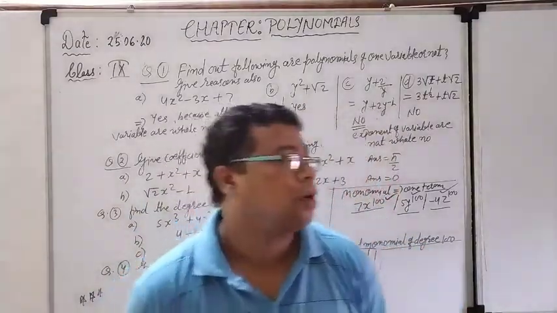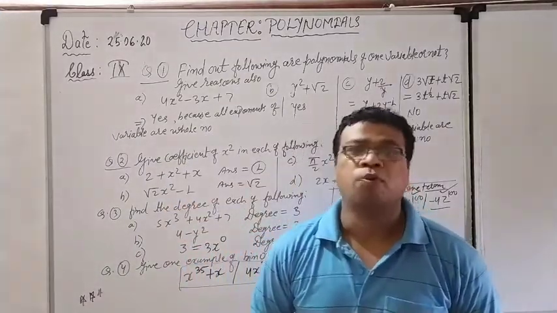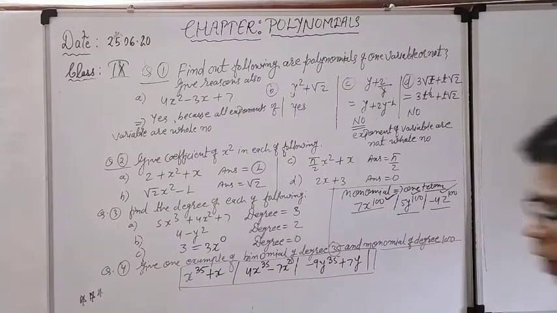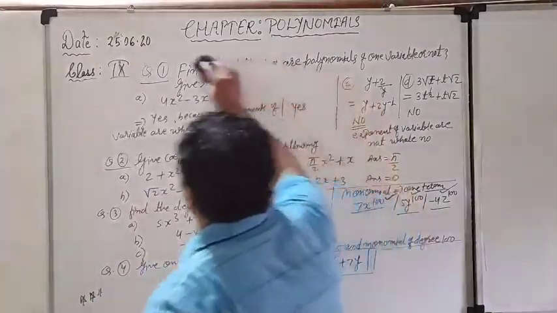Next, we have to see some more things. Okay, zeros of the polynomial. Zeros of the polynomial we have to see, and after that the second exercise we have to solve.